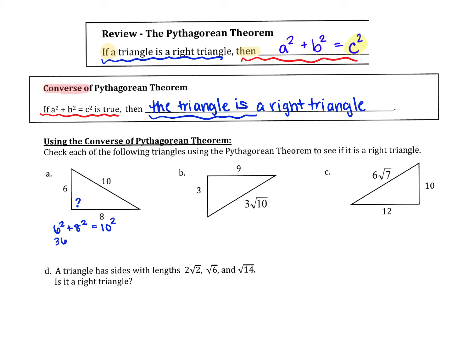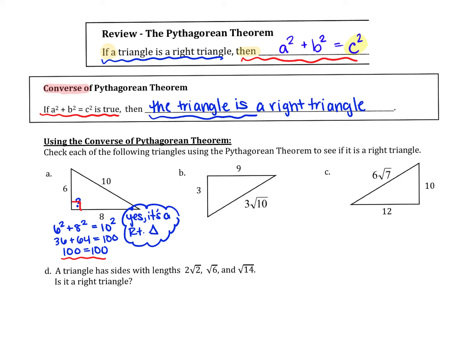So 36 plus 64 is equal to 100. So I got 100 is equal to 100. So that means yes, it's a right triangle. I put a question mark in the angle box originally because I didn't know if it was a right triangle, but now I know it is because I got 100 is equal to 100.